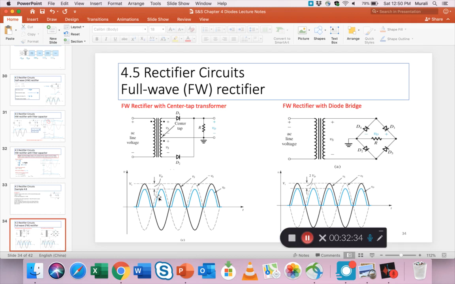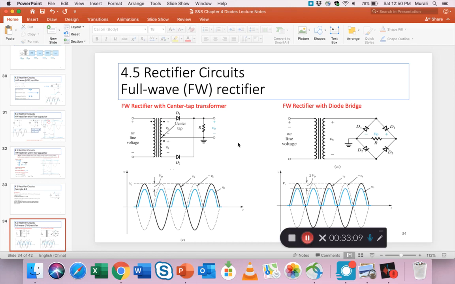So because you have two diodes, the duty on any one diode is reduced, compared to the previous case where you only had one diode. The load is still just one resistor, and the nice thing is, remember, we have not introduced filters yet, so the load resistor sees this nice blue waveform applied to it.